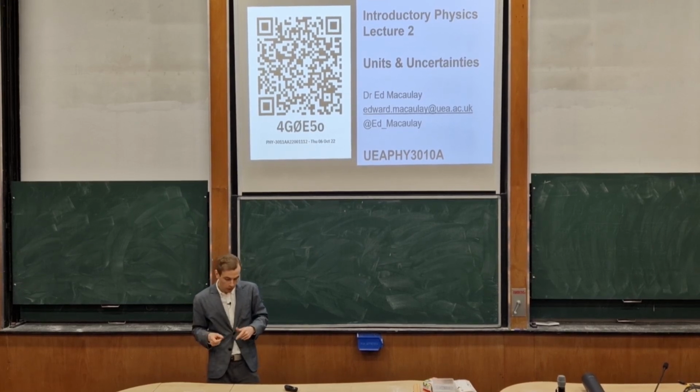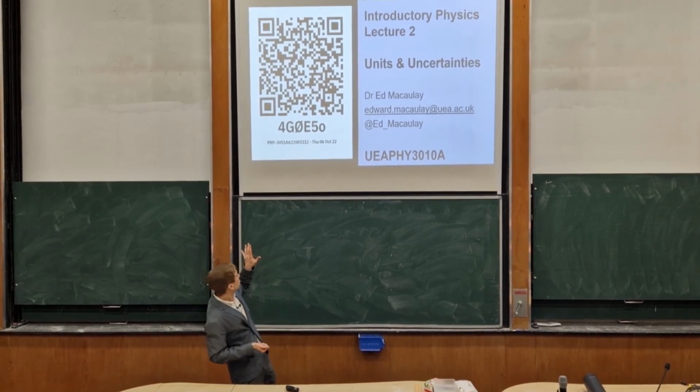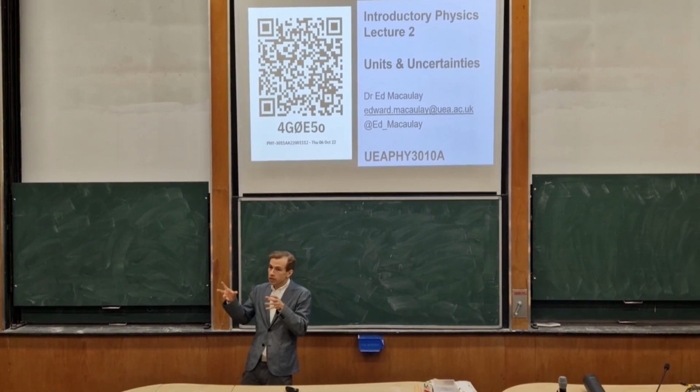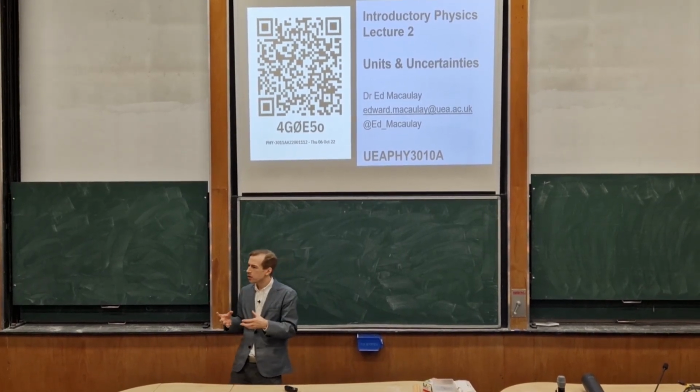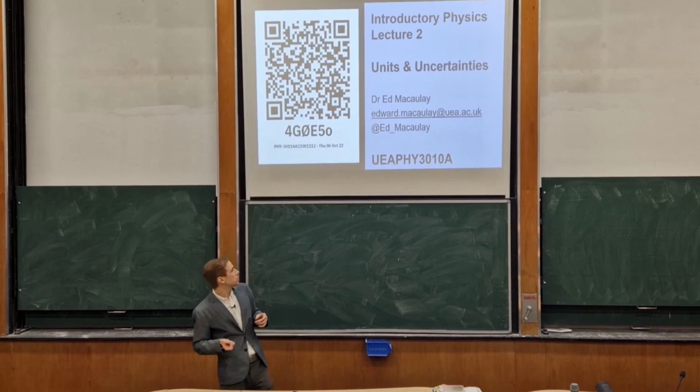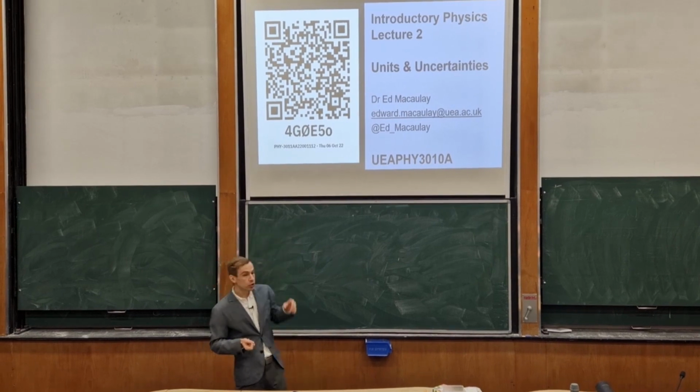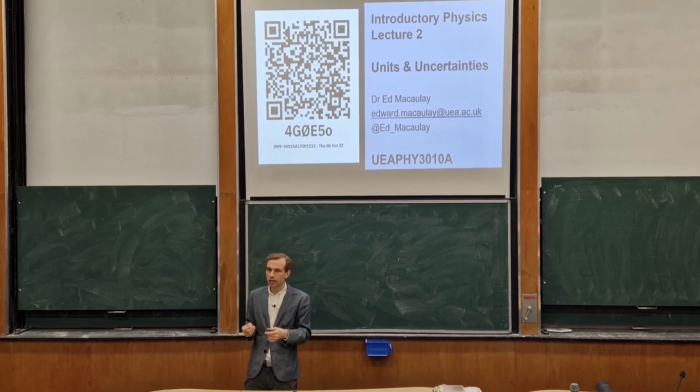That's what we did last time. And this week, the focus is these two extra things that we need to team up with these numbers. So we need to add in some units and some uncertainties to really make it a scientific measurement. That's what the lecture is all about today.